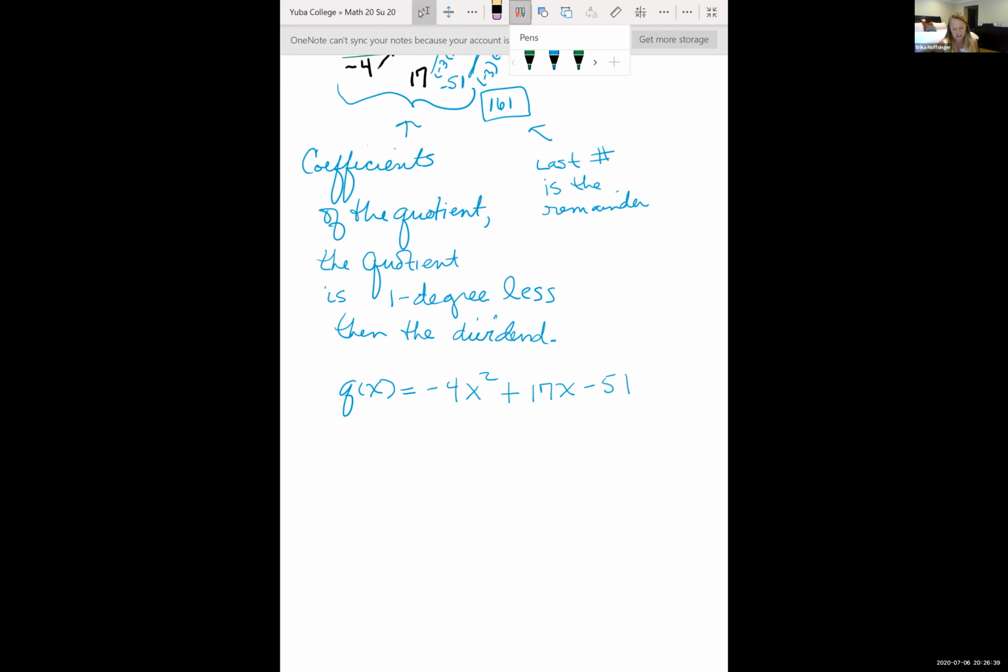So the other question, and I went through this more in detail than what the book was asking to explain stuff, but it was also asking, is that quotient a factor of our dividend?